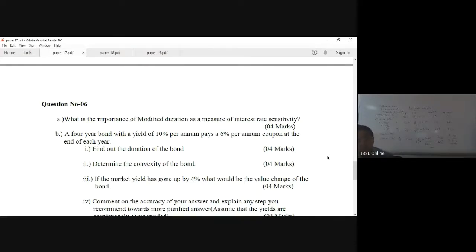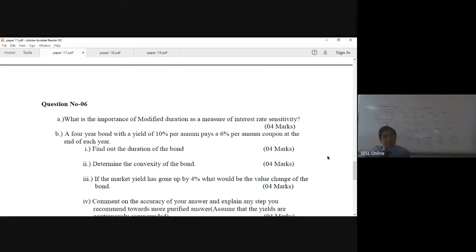So if it is 1,000, the coupon would be 60 per annum. The yield is 10%, so you can calculate the present values of all these cash flows. When the present values are calculated, you have to be careful.